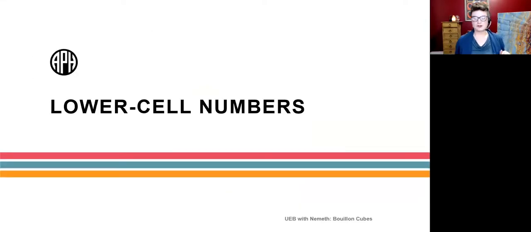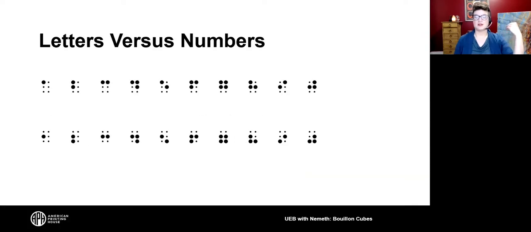Okay, here's our first concentrated burst of concept, which extends throughout all Nemeth Code transcriptions. And that's simply that the Nemeth Code has its Arabic numerals in the lower 2 rows of the Braille cell. So our lowercase letters, A through J in the Nemeth Code happen in the upper 2 rows of the Braille cell.